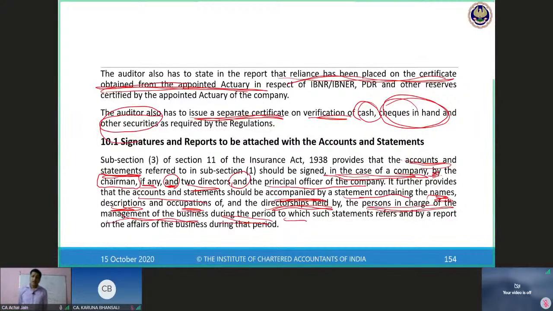So these are some of the statements which will be accompanied along with these accounts and statements which will be signed by the chairman or the directors.